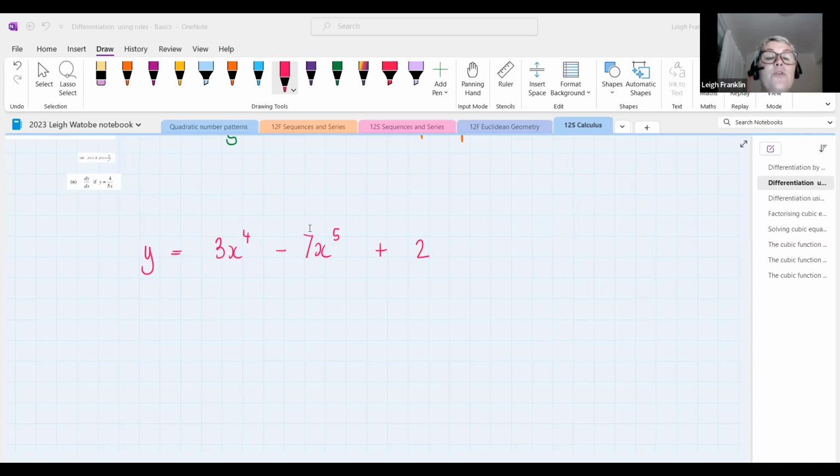Okay. All right. So then what they do is they start giving you functions that have got more than one term in them. So what you would be doing is applying the power rule to every single term. So let's just talk a little bit more about what would happen here.